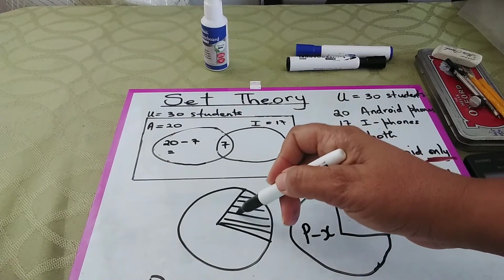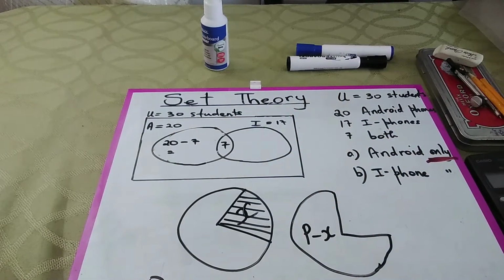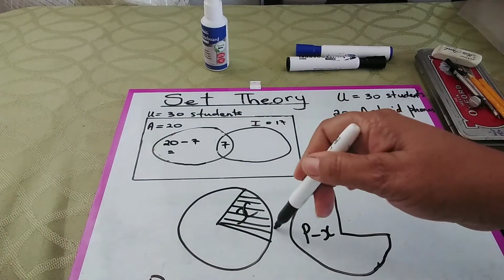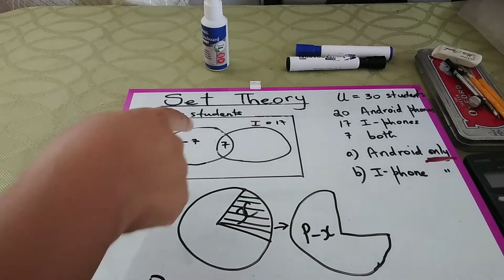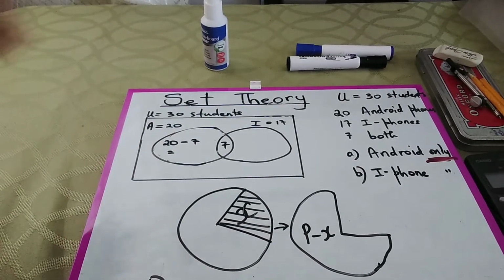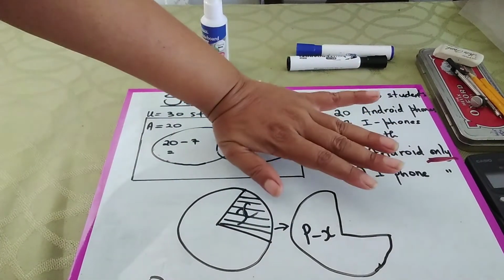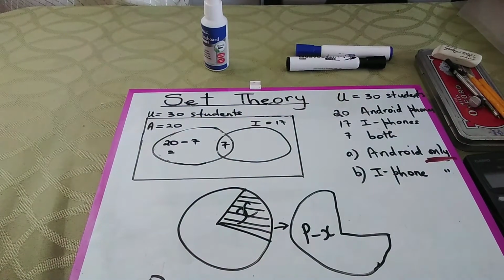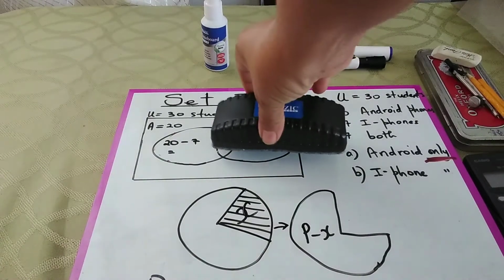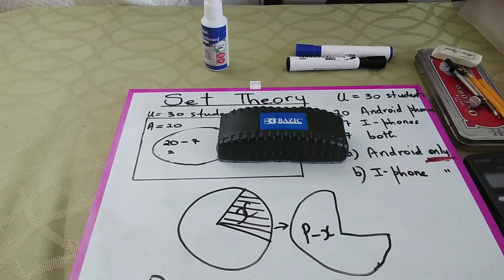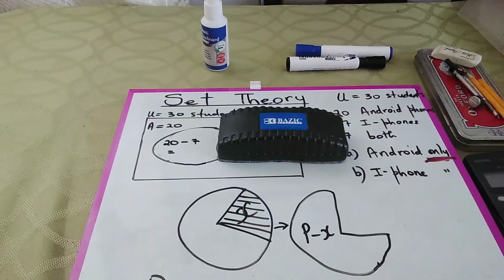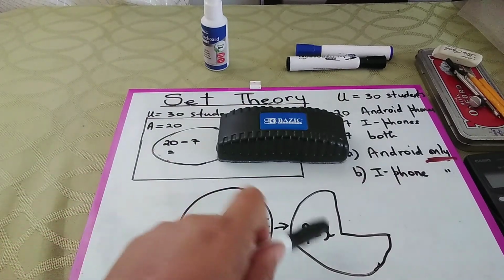So let's say this is the X portion. What remains would be P minus X. So that's really the concept of why I'm subtracting the 7. Because if we should cut out the 7 part, then what remains would be the 20 part minus the 7. So it's the same concept.